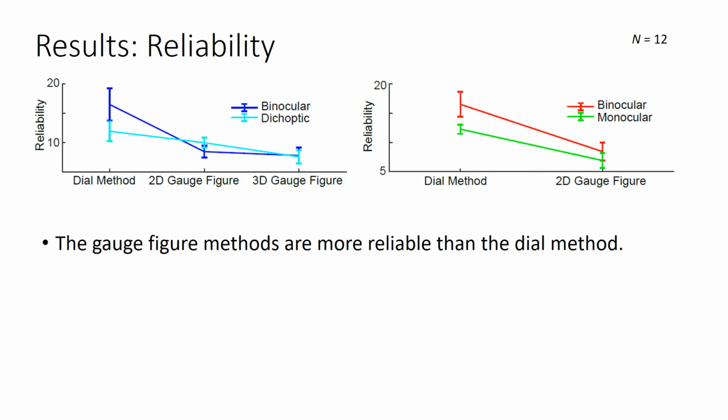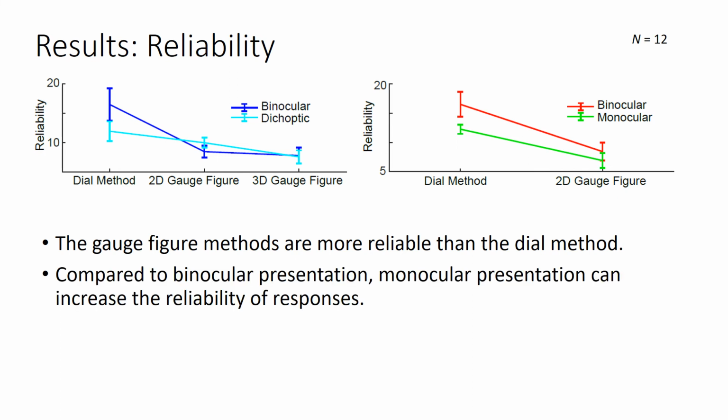The gauge figure methods are more reliable than the dial method. Compared to binocular presentation condition, monocular presentation can increase the reliability of responses.